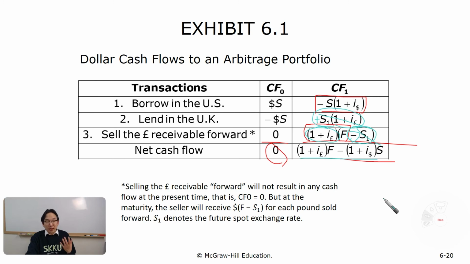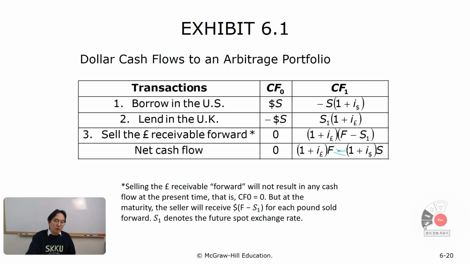That's the cash flow with your arbitrage position. And no arbitrage, or arbitrage equilibrium, means that this cash flow should be 0. And then you send this guy to the other side of the equation, and you will get an equal sign like this. Okay.